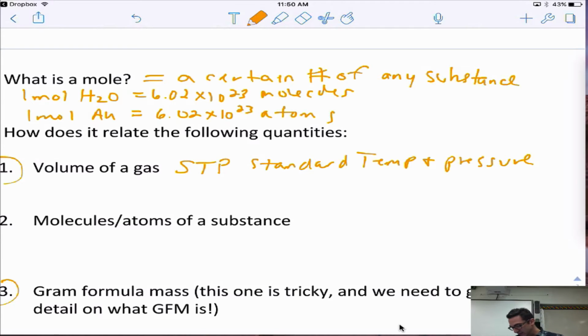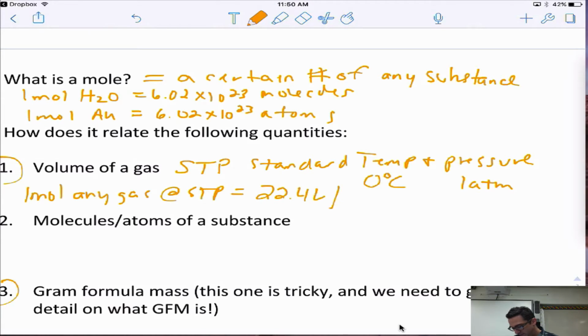It's 0 degrees Celsius, so freezing of water, and 1 atmosphere, which is a nice sunny day. So at STP, 1 mole of any gas at STP is equal to this quantity, 22.4 liters.